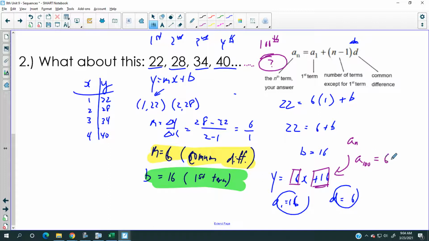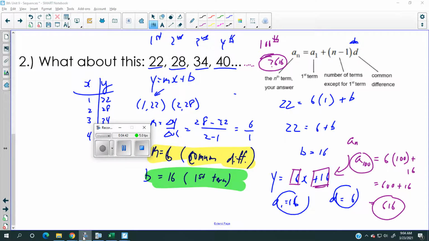Take 6 times the number of the term, which is 100. You see how I replace x with 100, right? Plus 16. So we have 600 plus 16, we have 616. So the 100th term, if you keep going like this, would be 616. That's the point of this.